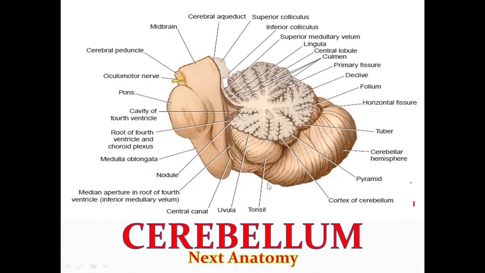Of course, the cerebellar hemispheres are interconnected by the vermis. In between, you can identify a cavity. This cavity is called the cavity for the fourth ventricle.